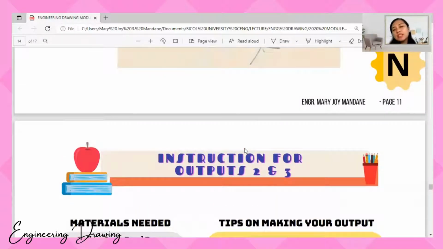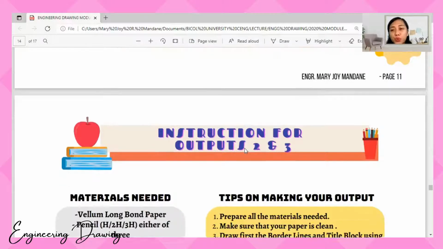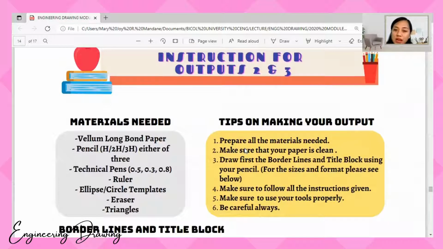This time, let's go to the instructions for outputs 2 and 3. Here are your materials. You need the long bond paper, the vellum, and pencil H, 2H, or 3H, either of the three. For technical pens, you need the 0.5 for the main technical pen, 0.3 for the title block and for the words, titles, and text, and 0.8 for the border lines.